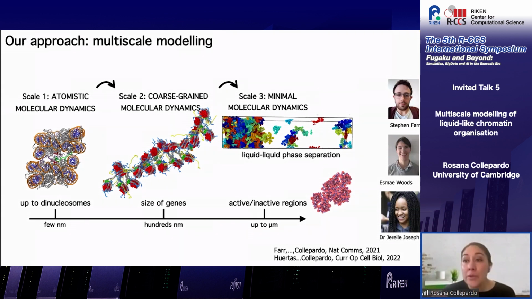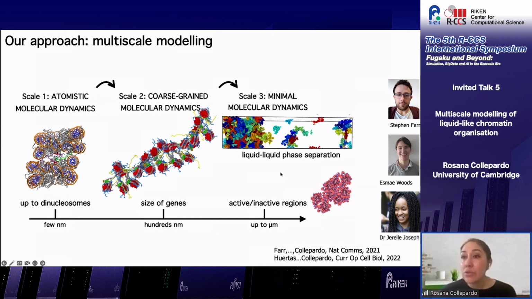So we develop multi-scale modeling techniques that combine descriptions of different regions, different systems related to genome organization at different levels. So all the way from atomistic simulations of dinucleosomes to increasingly approximate coarse-grained models of different systems related to chromatin.